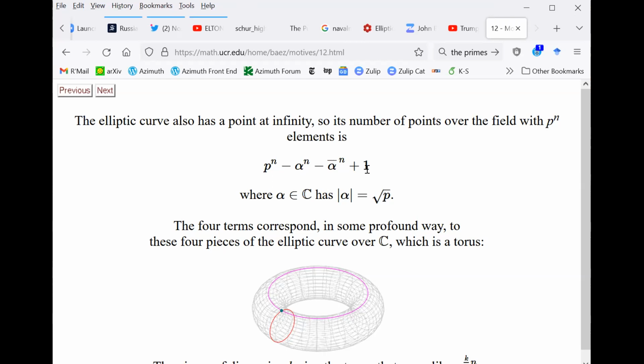Part of why I'm curious is because I just wanted to know what are all the motives that you can get that have this dimension, or, they call it, this weight. So this kind of junk is coming from a weight 1 motive. And I just have a feeling that it's possible to completely understand the weight 1 motives.